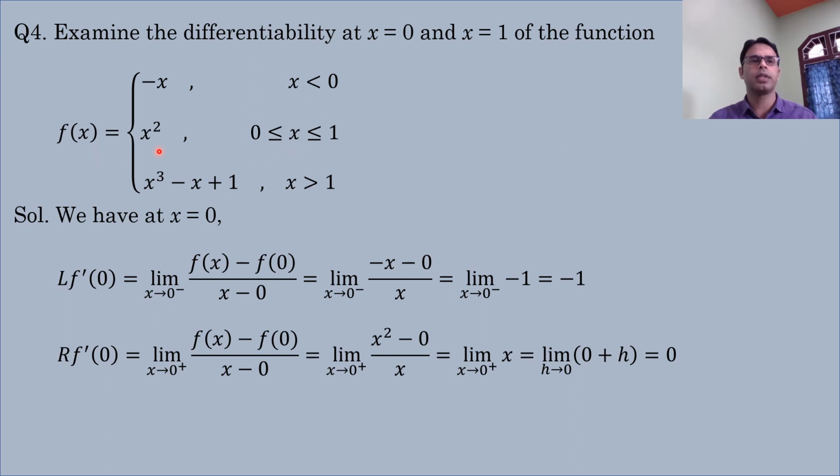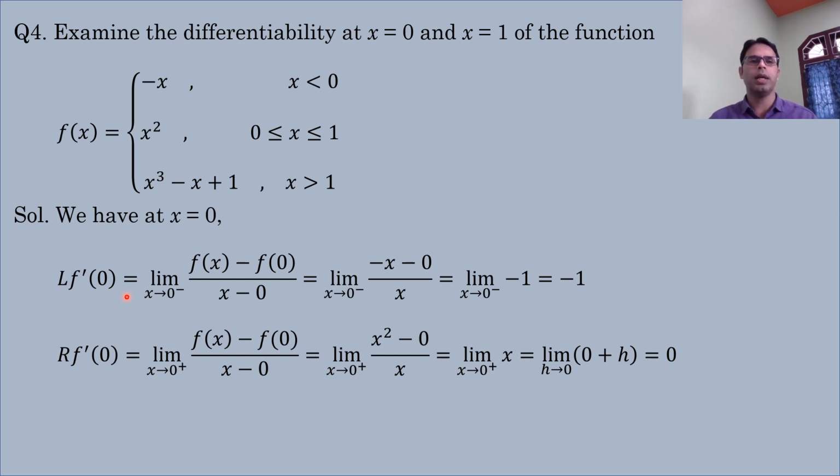So we take f(x) equal to x square, with 0 plus remaining the same, f(0) is already 0, divided by x minus 0, which is x, so one of the x cancels, remaining only x. Then converting to h, h tends to 0, x is replaced by 0 plus this new variable h, and using h tends to 0, it is simply 0.